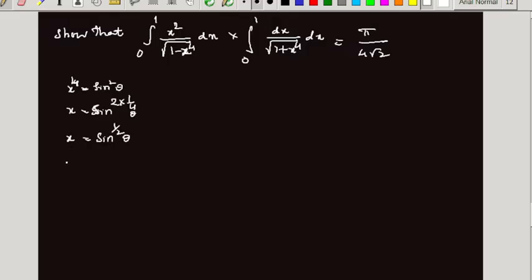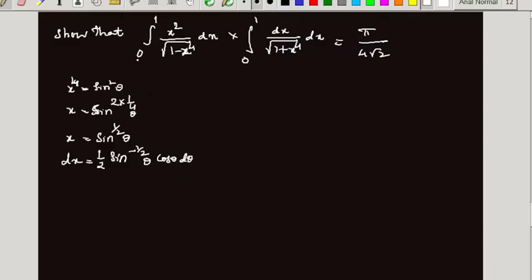We differentiate this one, dx. So by using the power, we can write it as 1 by 2 into sine power 1 by 2 minus 1, that is minus 1 by 2 theta. So we have differentiated only the power. Now differentiation of sin theta is cos theta into d theta.